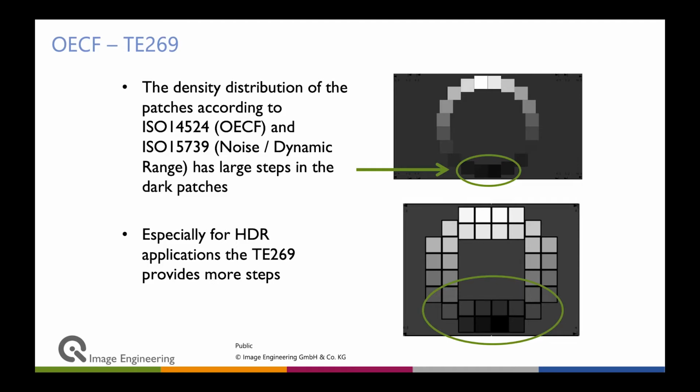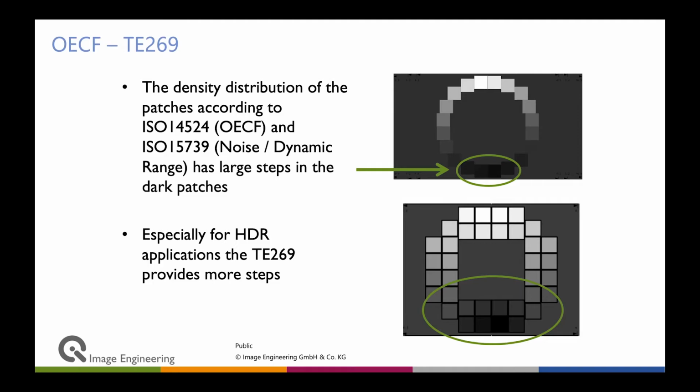For that, it is described in the standard how the distribution of luminances or of optical densities of these patches should be. That works well for contrast of 1,000 to 1 or of 10,000 to 1. So 60, 80 dB in this range.